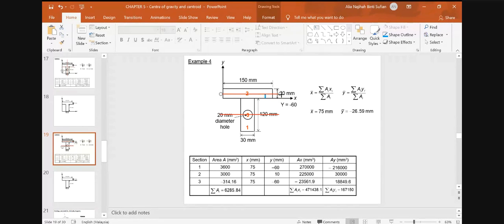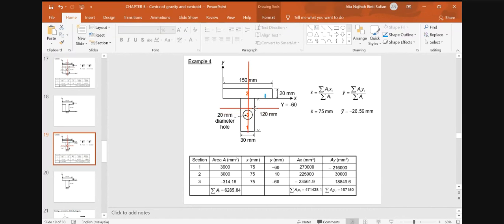Okay, now the X bar is there, 75 mm. The Y bar is negative 26.59.